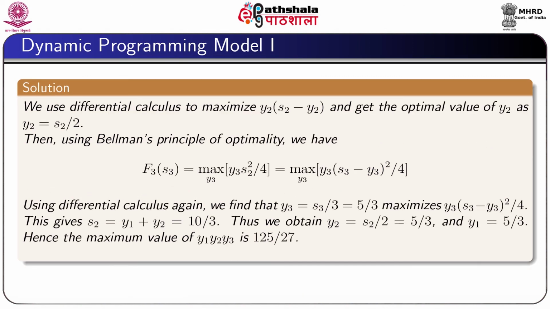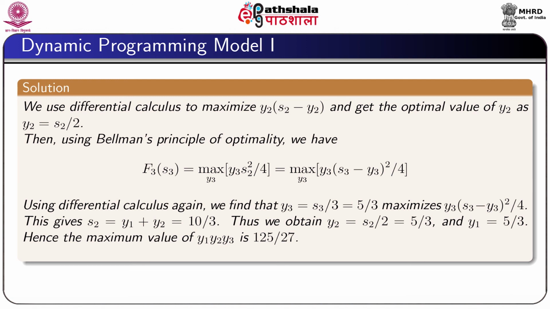Now, if we use differential calculus to maximize y2 into (s2 minus y2), then we see that the optimal value of y2 equal to s2 by 2. That means y2 equal to s2 by 2 maximizes the function y2 into (s2 minus y2).